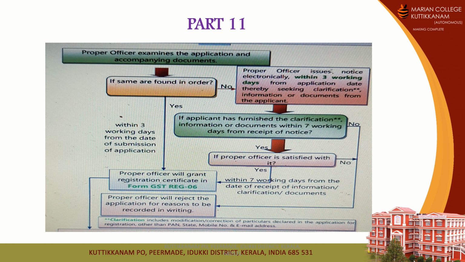If the proper officer is not satisfied, he will reject the application and the reasons are to be recorded in writing. So this is the procedure after the application is received by the proper officer.